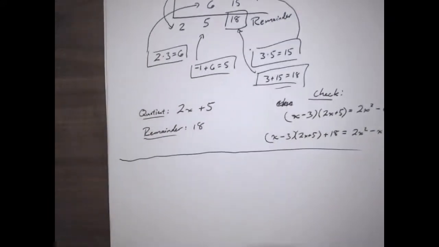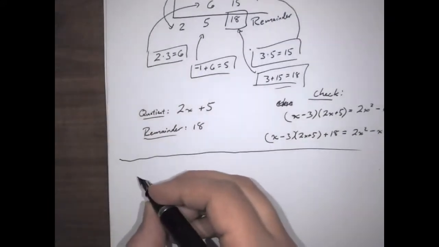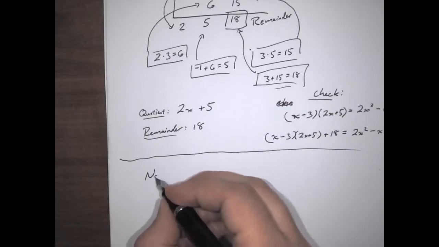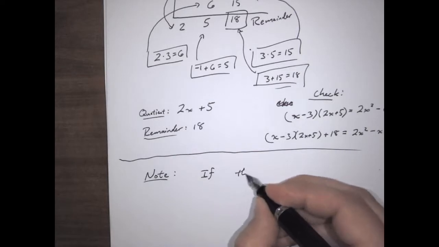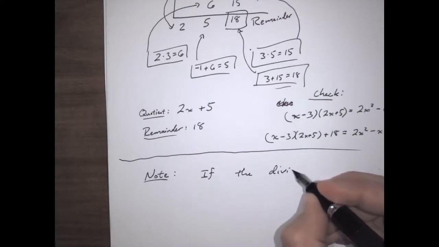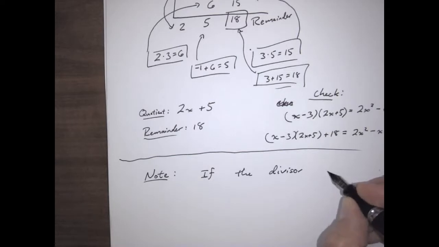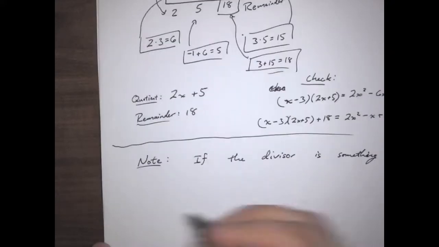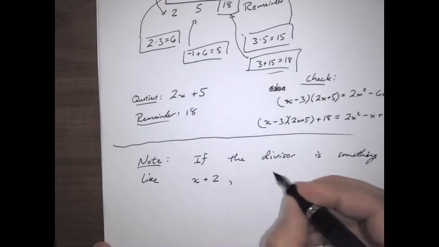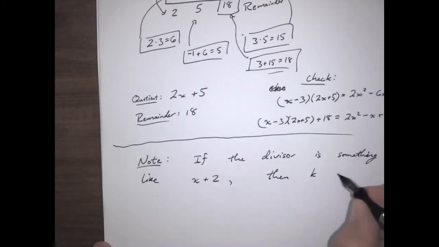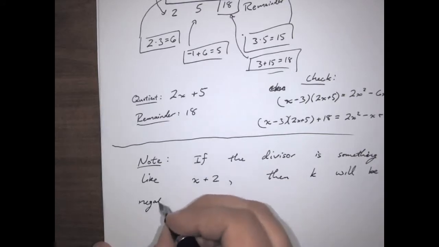There are a couple slight modifications we might have to make in different circumstances. So note, if the divisor is something like x plus 2, then k will be negative.